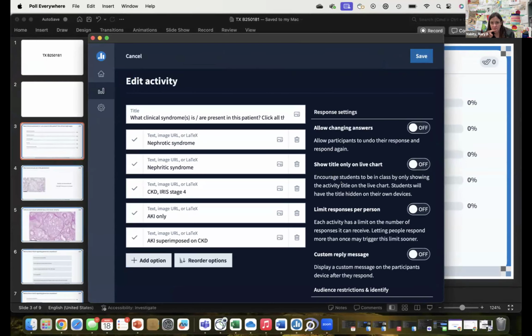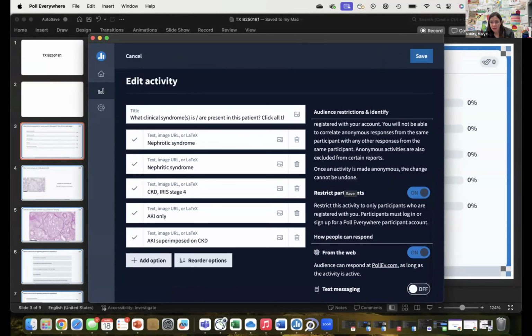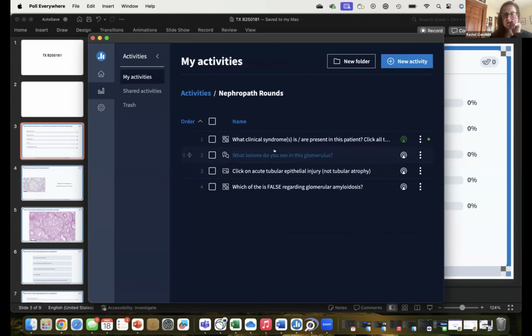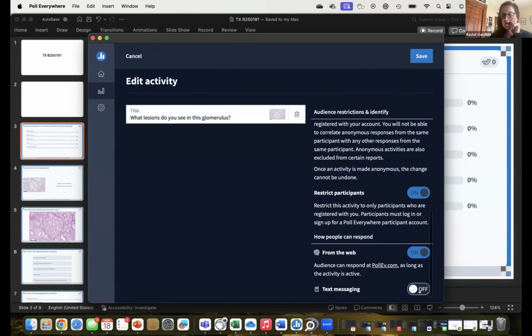Yeah, if you scroll down, you should be able to, from the web, turn text messaging on, and then that should give you the option. Yeah, and then you can text. I have to do this for the other ones then. I didn't remember to do that whole thing, making it anonymous, that we did last time.